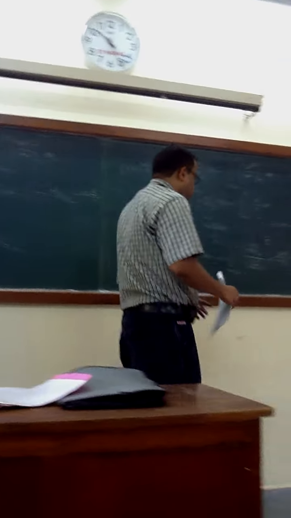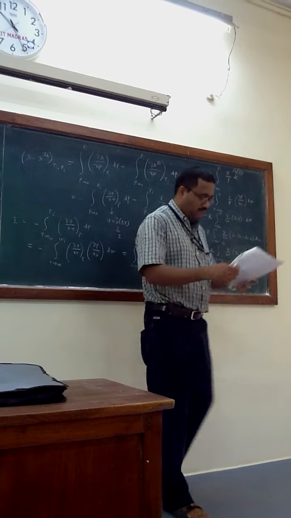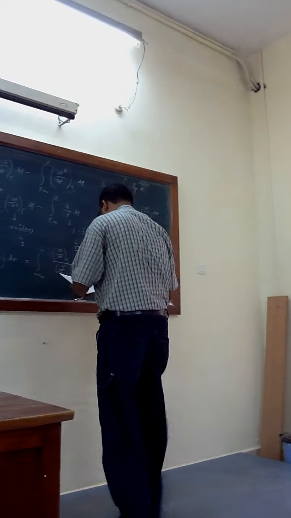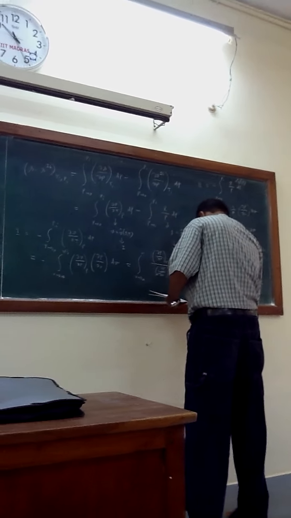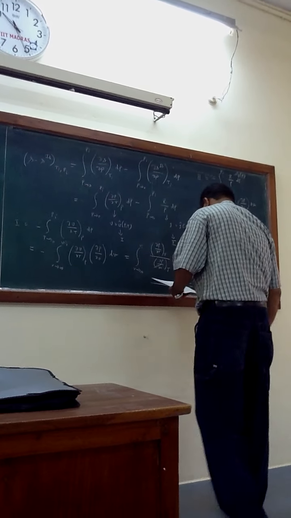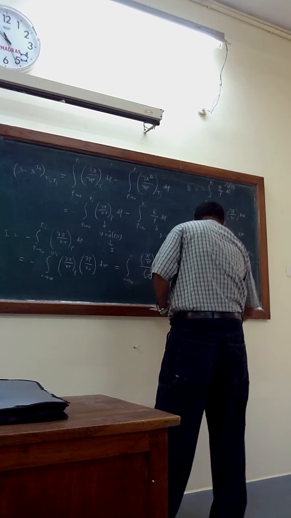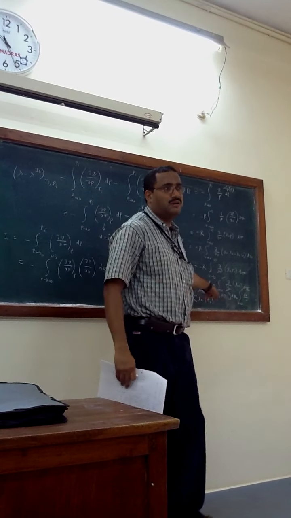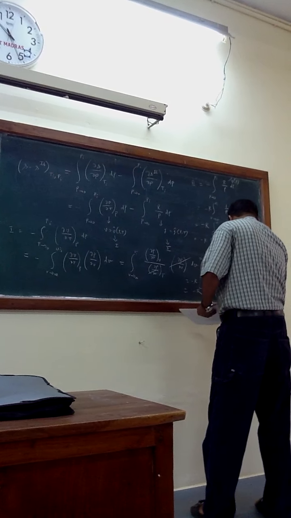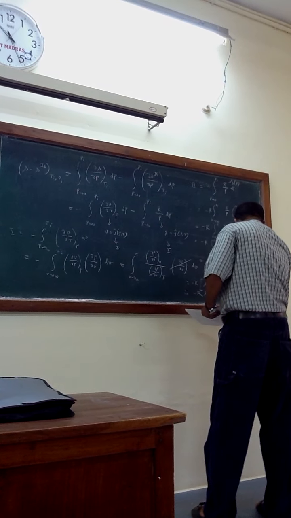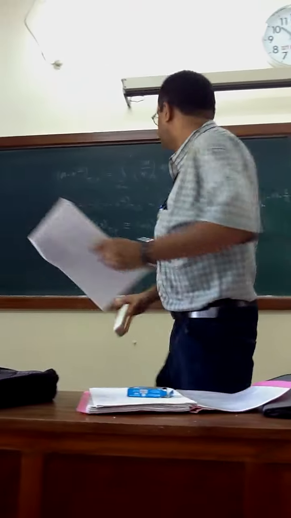So PiVi is Zi RT, right? So it is nothing but ln, the first term will be minus R ln Zi RT by RT. RT will cancel, you get Zi, plus R, V tending to infinity to Vi, dV by V. So now we get the final form.